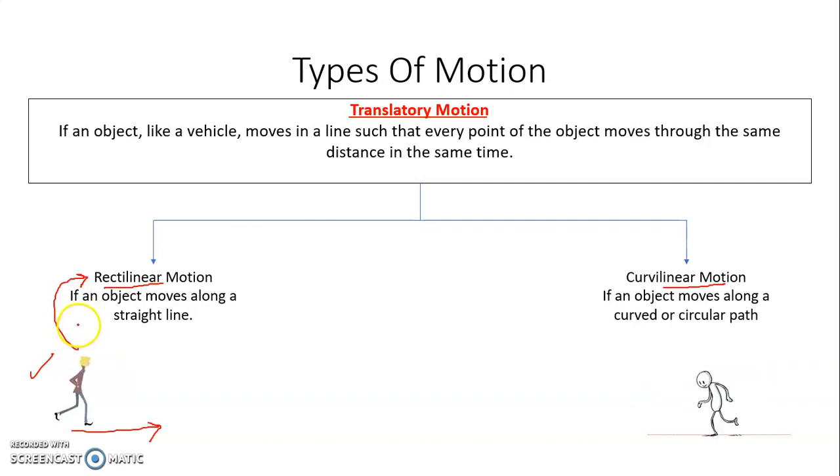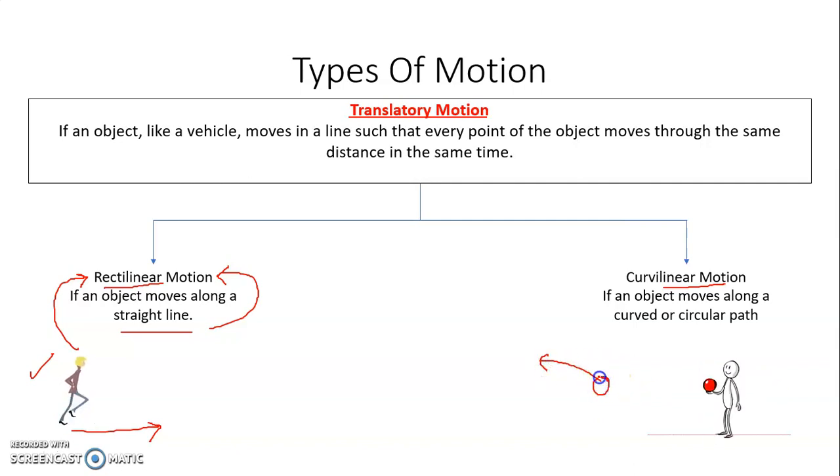So what is rectilinear motion, students? If an object moves along a straight line, the kind of motion is called rectilinear motion. Now coming to the curvilinear motion. As you can see, this man, or this cartoon rather, is throwing a ball in a curved path, somewhat like this.